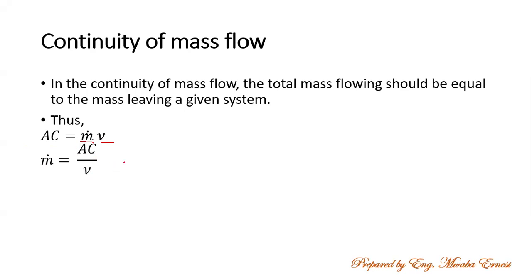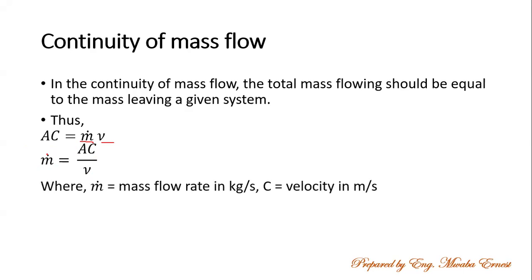Your answer here will be in kgs per second because this mass with a dot means the rate at which the mass is moving. So, to add more emphasis, m with a dot on top represents mass flow rate, c is the velocity, then A is the cross-section area of flow in square meters.